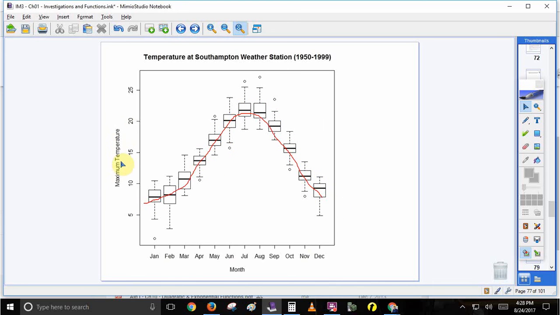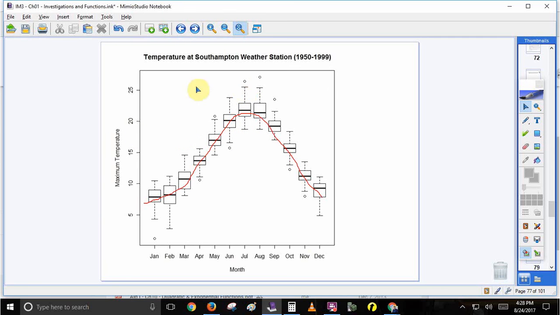And this maximum temperature, we're going to assume that's in Celsius and not just Fahrenheit. Otherwise, these would all be below freezing. So the nice part about this box and whisker plot is I'm looking at actually 50 years worth of data all in one place. And instead of just looking at the red line and going, oh, in July the water temperature is 21 degrees, I can see that in July, in the lowest year, the water temperature was actually only like 18 degrees.